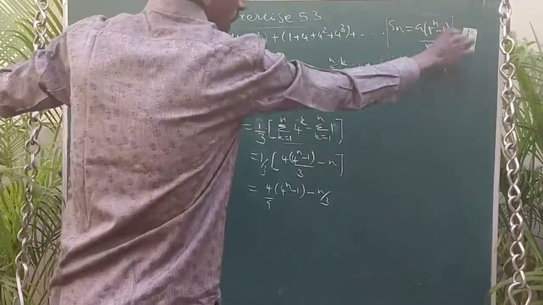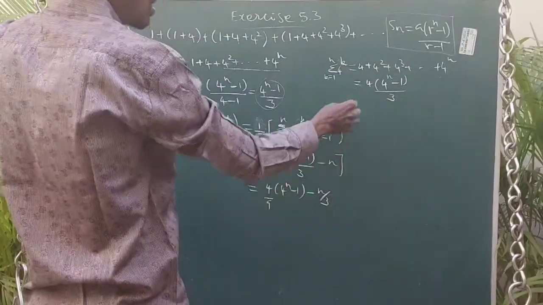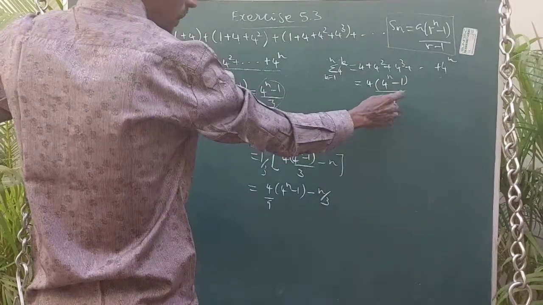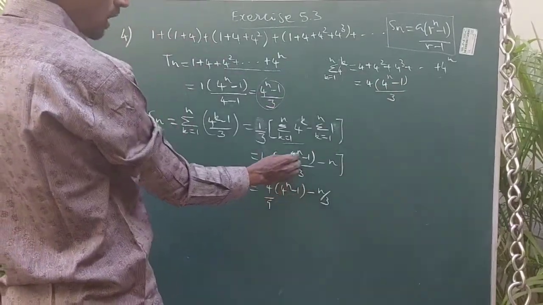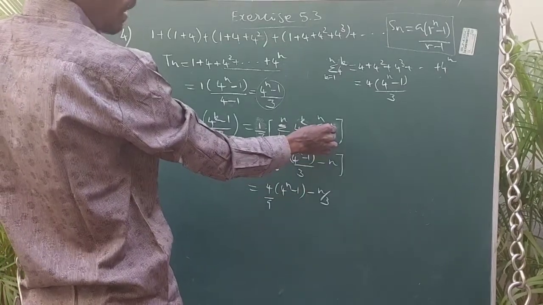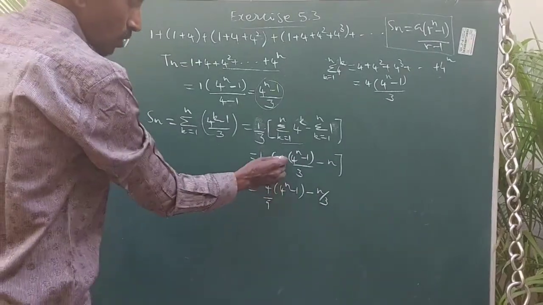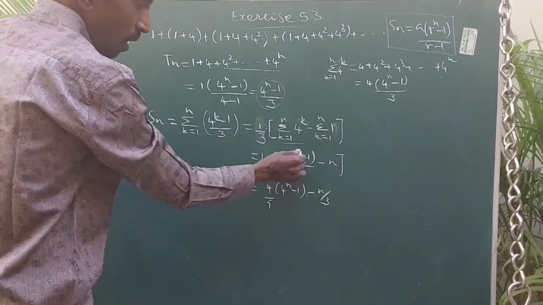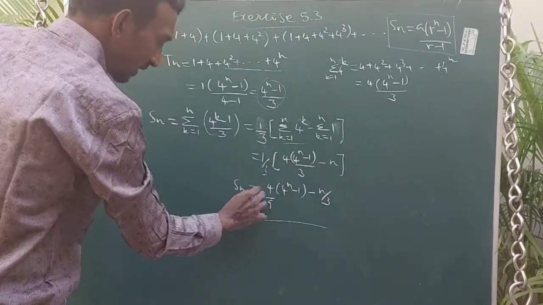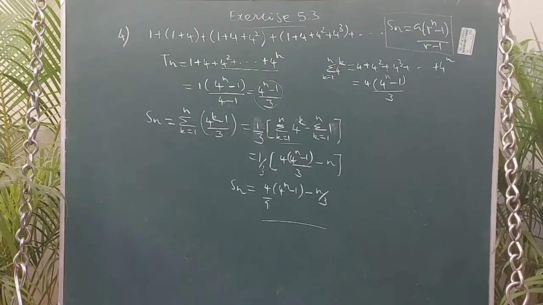Use the same formula, but this time A equals 4 and R is also 4. So 4 into 4 power n minus 1 by 4 minus 1, which is 3. And summing 1 n times gives n. So multiply 3 inside. So 4 into 4 power n minus 1 minus 3n, all by 9. This is the sum of the first n terms of the given series.